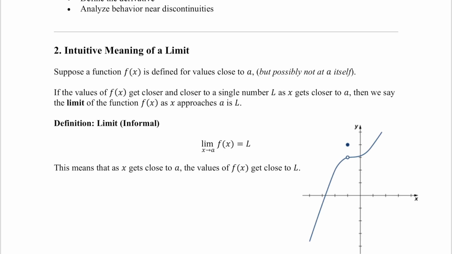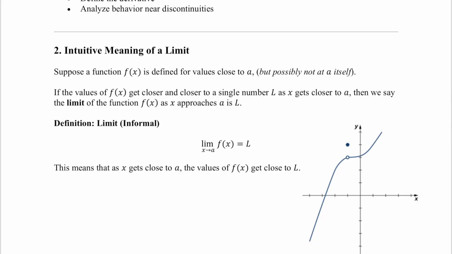Let's think about this in a simple way. Suppose we have a function f of x. We want to know what happens as x gets close to a number. Let's call the number a. Now imagine this.